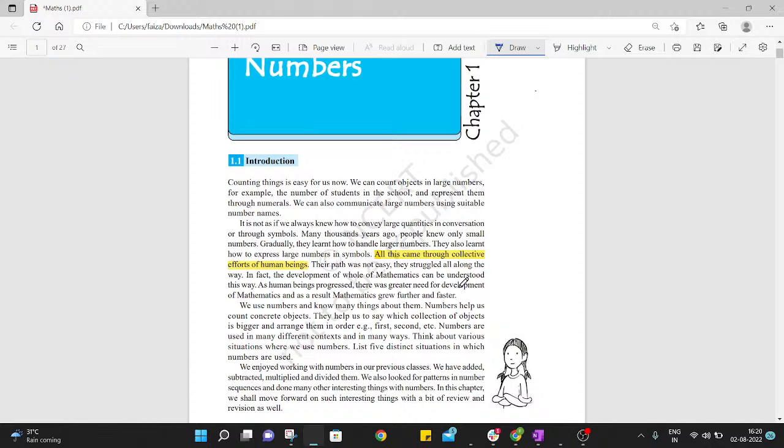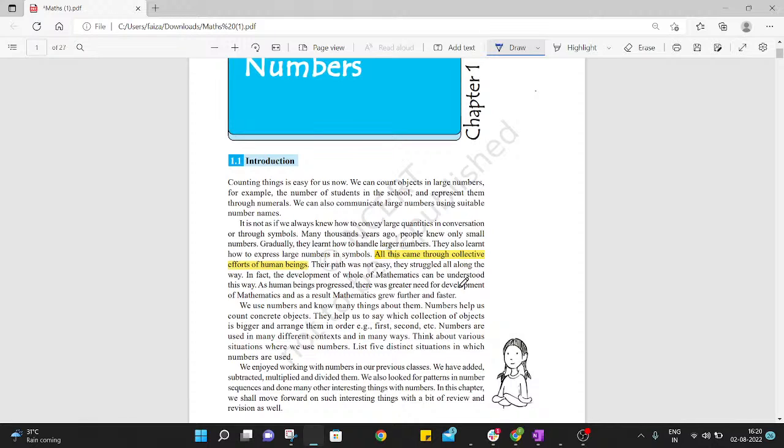Like you are going to school. Suppose your school opens at 9 a.m., so you are going at 9 a.m. 9 is somewhat related to maths. A clock is also related to maths. In a day we have 24 hours. All this counting and observing numbers is also maths.